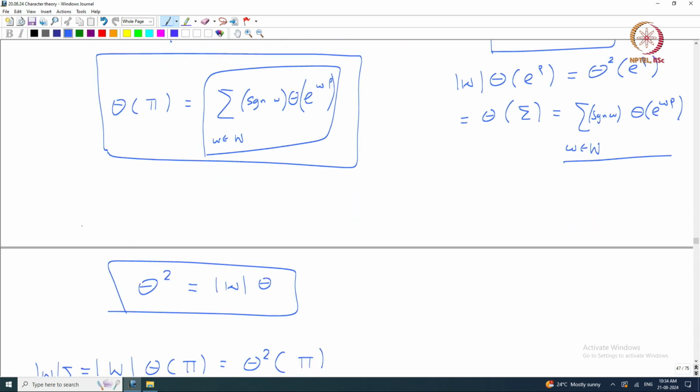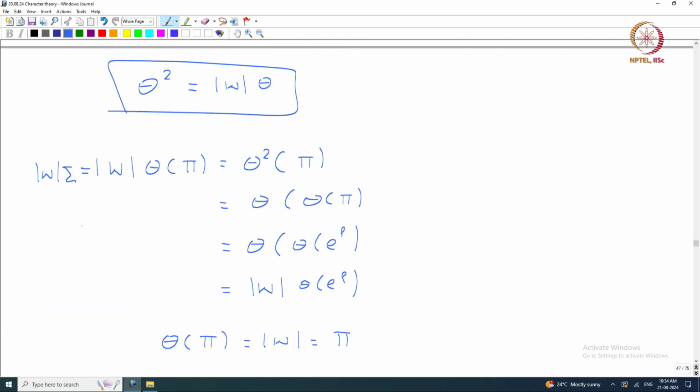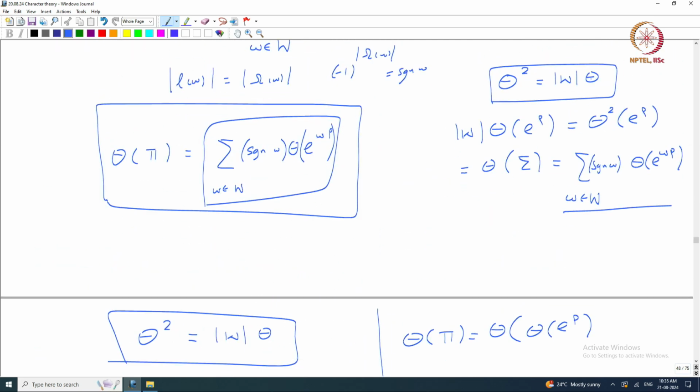Okay. So, now let us actually put them together, then you can easily see that, let us do it here again. Theta of pi is nothing but theta of e power rho, because that is what this thing says.